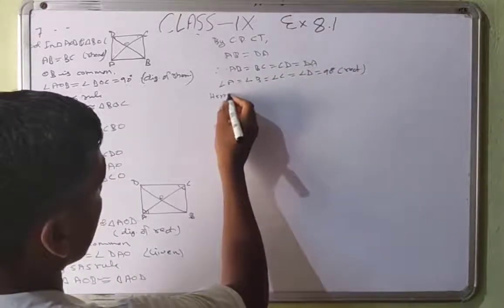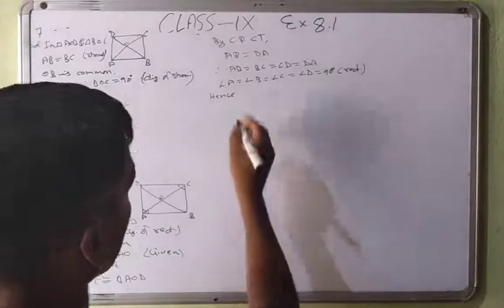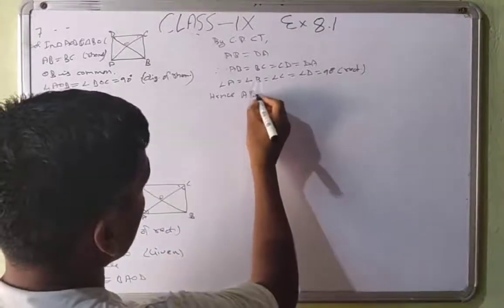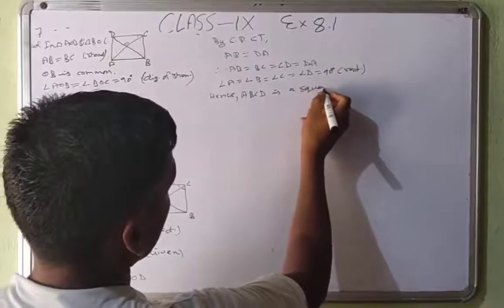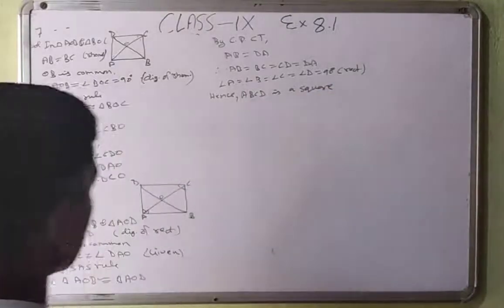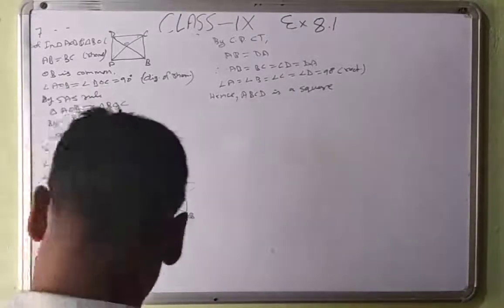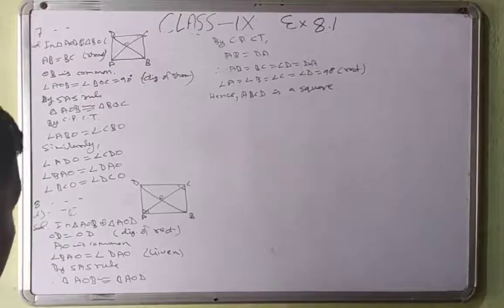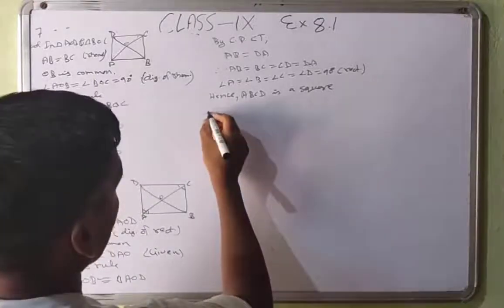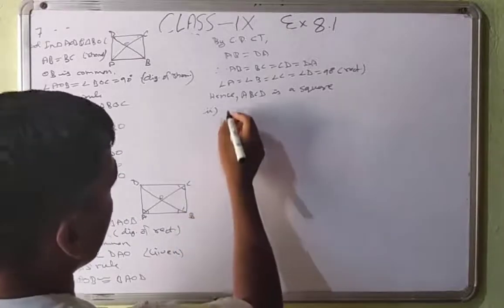Hence ABCD is a square. Now the second part is that diagonal BD bisects angle B as well as angle D.